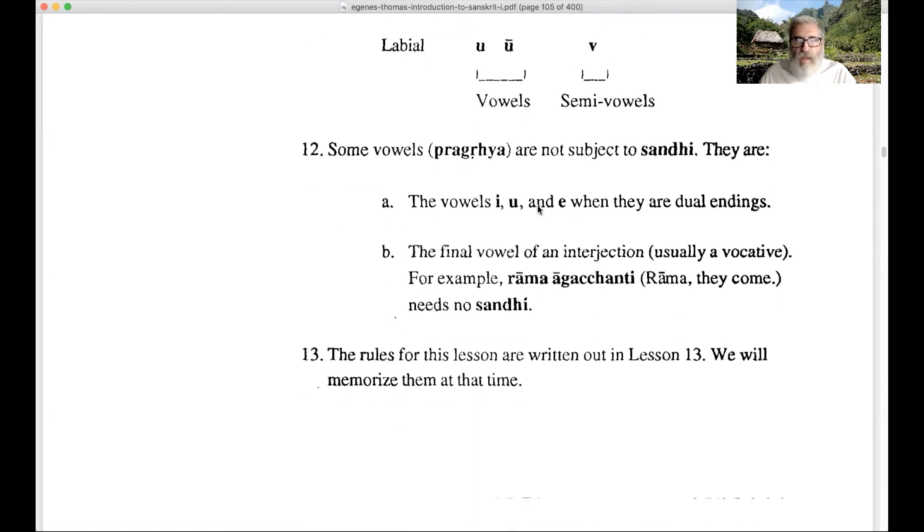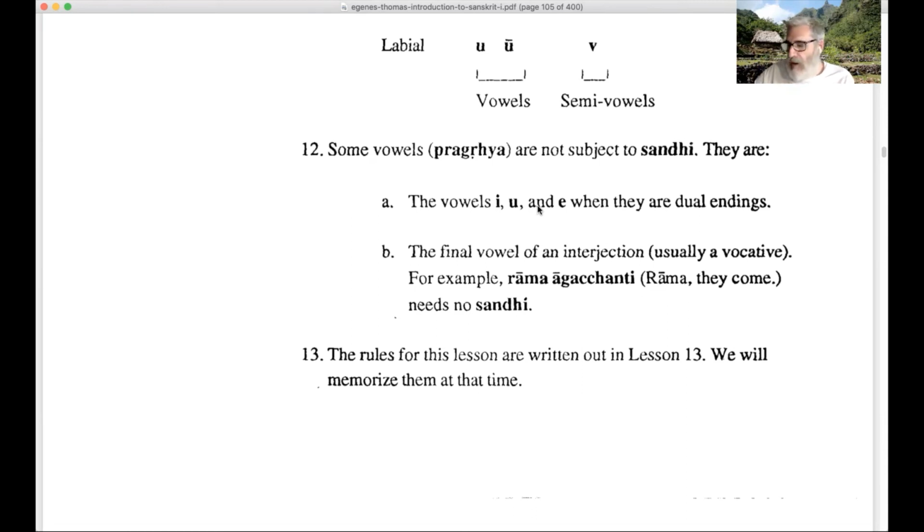Now, some vowels, pragrihya, are not subject to sandhi. There are some special vowels which are exceptions to all these rules. They're called pragrihya. You don't have to know the term, but they are known as pragrihya. The vowels I, U, and A, when they are dual endings.